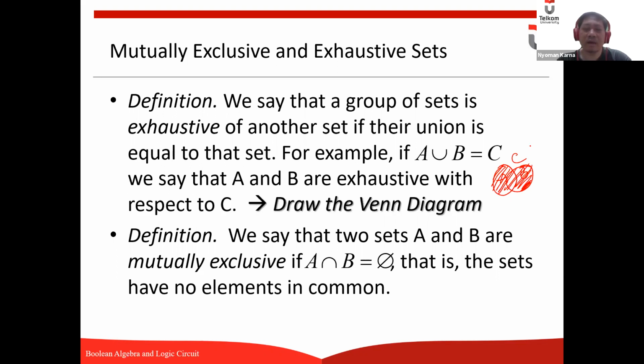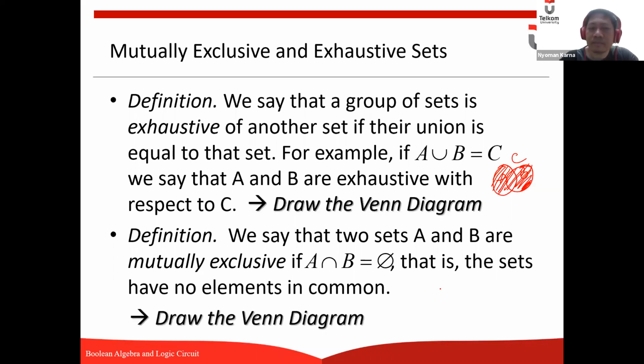Now, the second concept is mutually exclusive. Mutually exclusive is when A intersect B is null. That means if this is A, then this is B. There is no intersection. That's why A intersect B is null. Okay, so we have two concepts. One is exhaustive, and the second one is mutually exclusive.